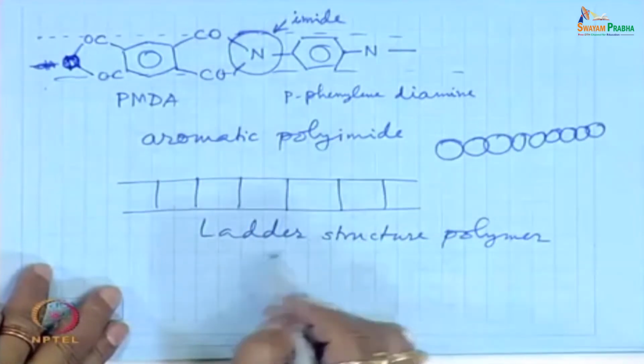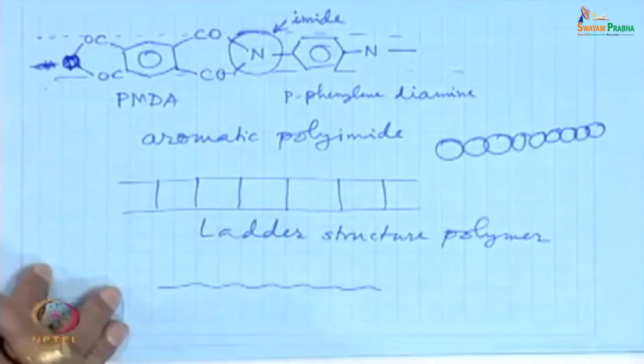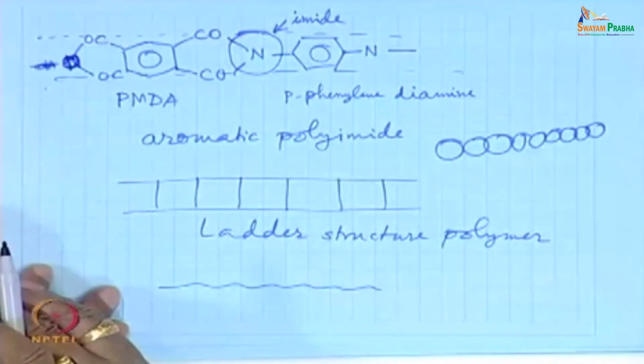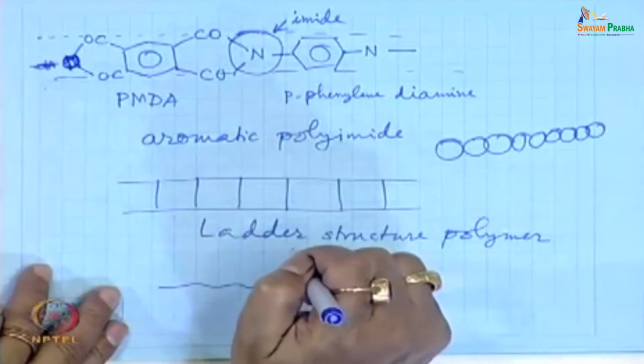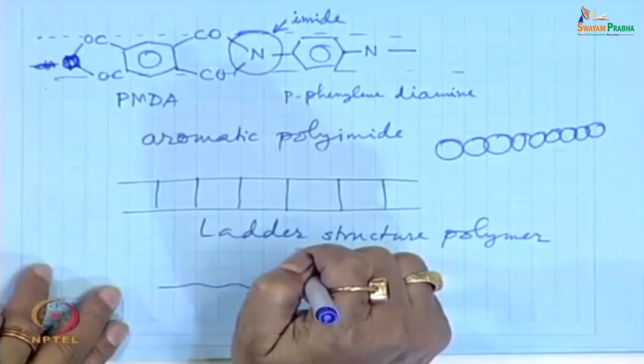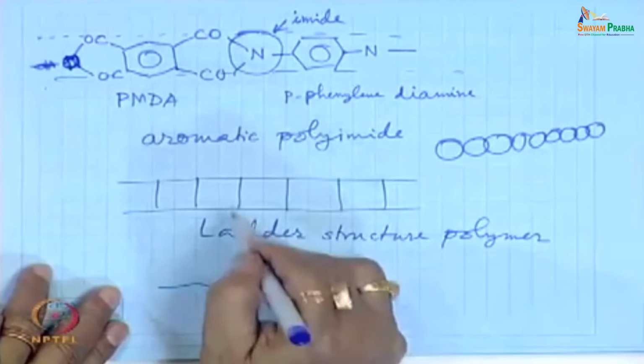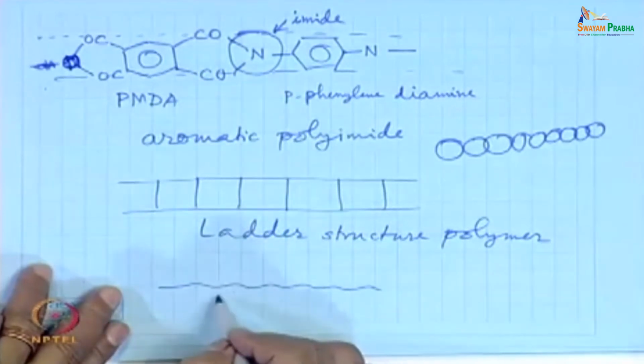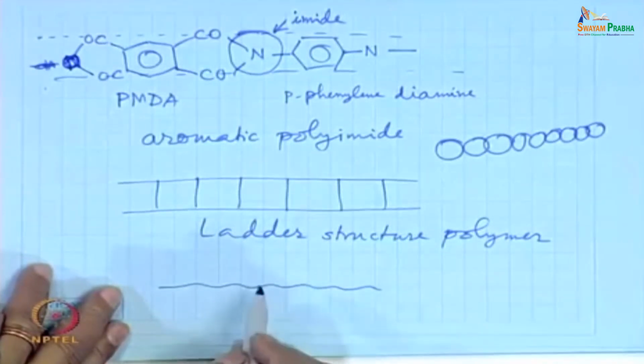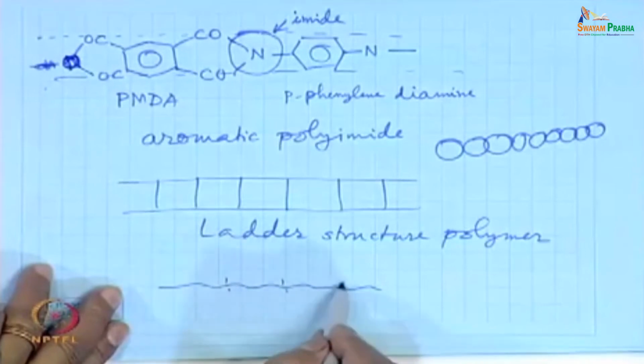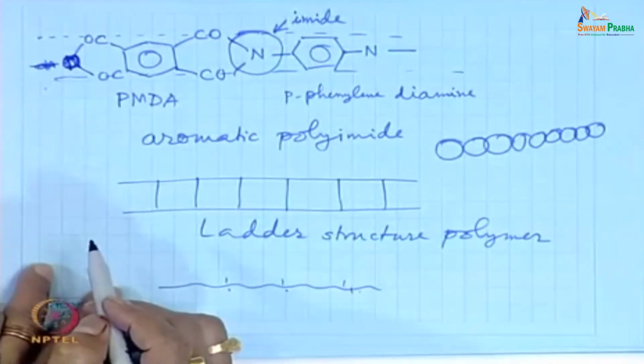In case of polyethylene, what you have seen? A single strand. That is why that is flexible, but these polymers are very rigid, stable to very high temperature because of this. In case of polyethylene, if thermal energy is applied, it can break anywhere along the carbon backbone chain.